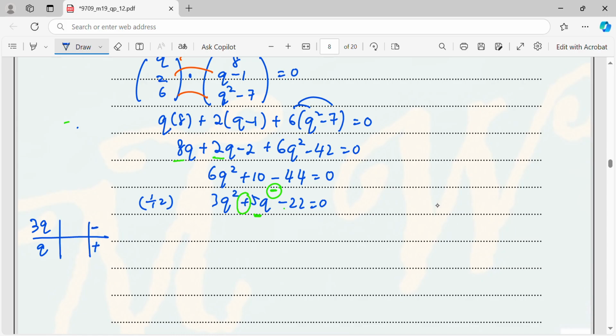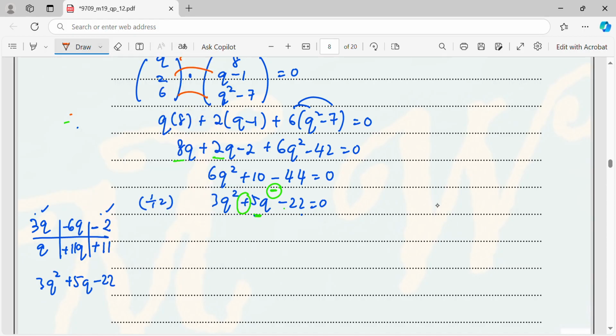So the 22 is basically 2 times 11. So to get positive 5q, so here should be 11, so that I get plus 11q, and this is 2. So when you multiply 3q and minus 2, that is minus 6q. So when you add together, the middle is positive 5q. Then the first and last columns here, you just multiply. So 3q times q, that is 3q squared. And last term minus 22.